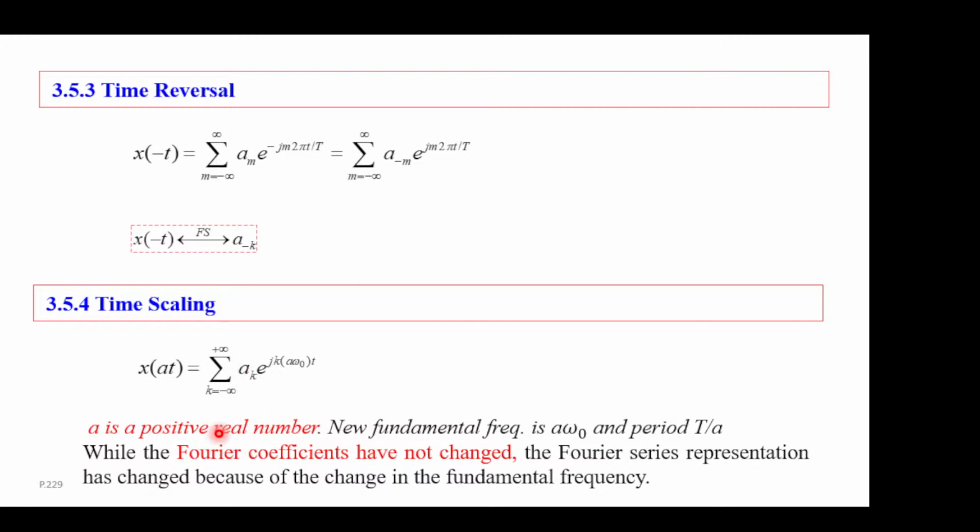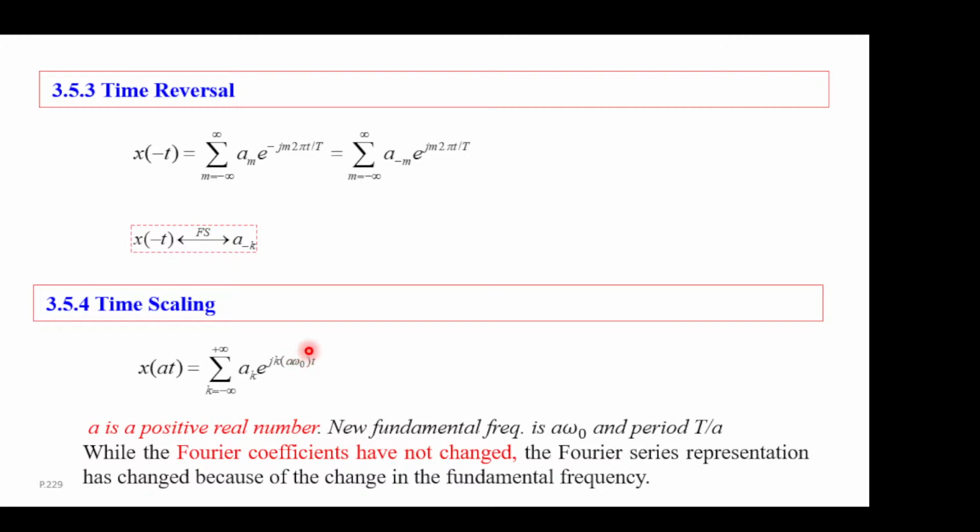And also time scaling. Time scaling is funny. If you change x of t to x of at, then the ak actually don't change, because when you do time scaling, what you actually change is your fundamental frequency. So you are going to change into a Fourier series with a different fundamental frequency.